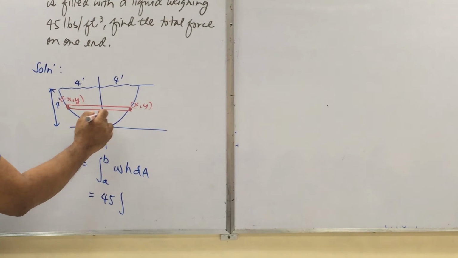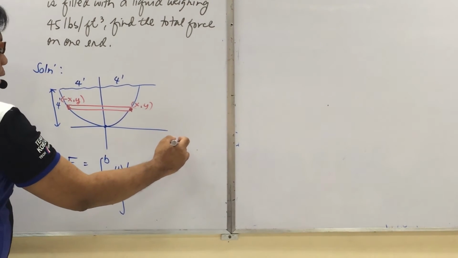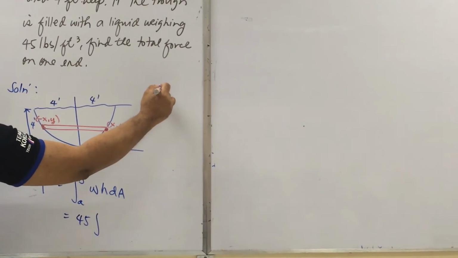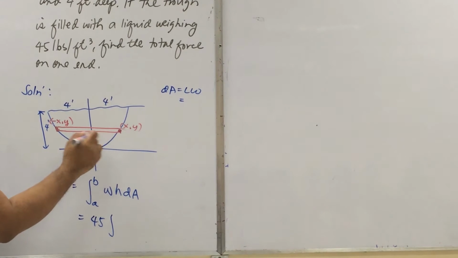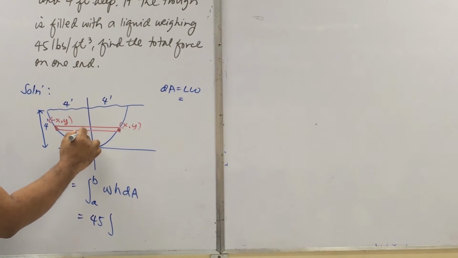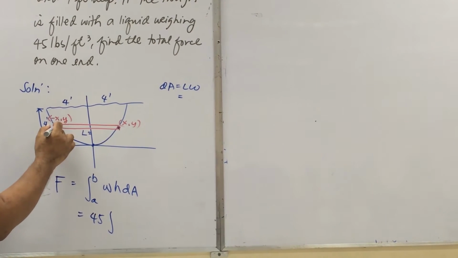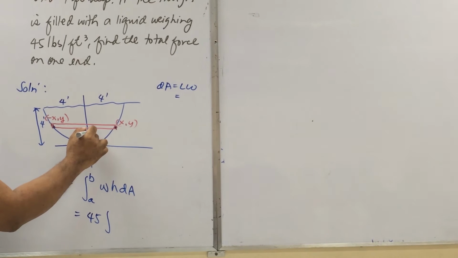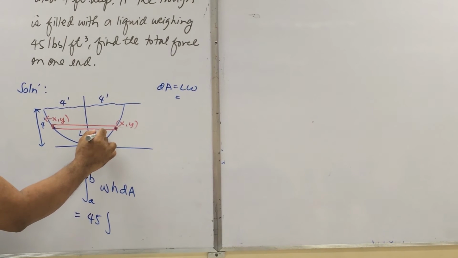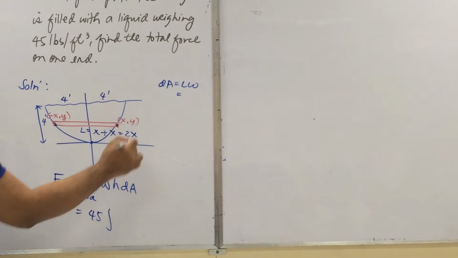If we define dA, it is length times width, and the length can be obtained from the points on the ends of the rectangle, which is abscissa right minus abscissa left. So that is x minus negative x, or x plus x equals 2x.